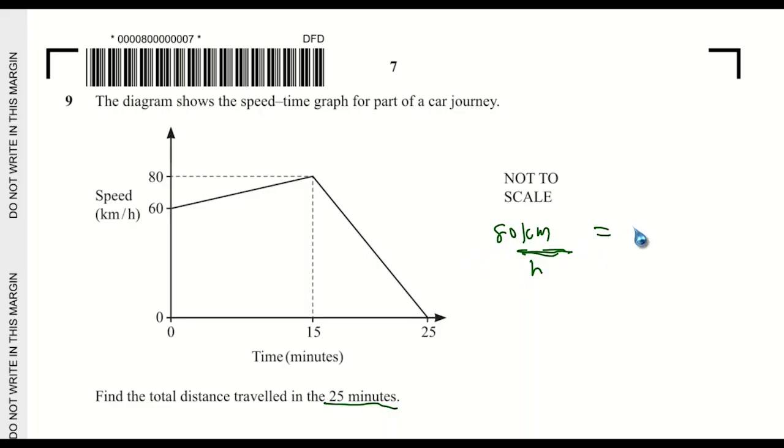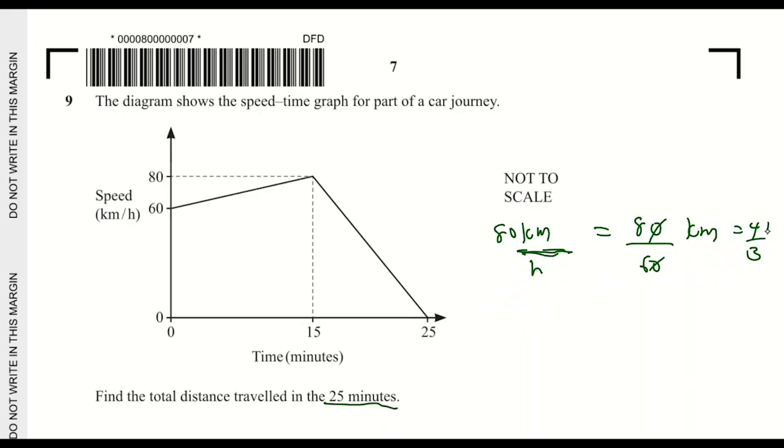So this equals 80 over 60 minutes. We are left with kilometers, so we have 4/3 kilometers per minute now. For the second one, you can do the same thing.